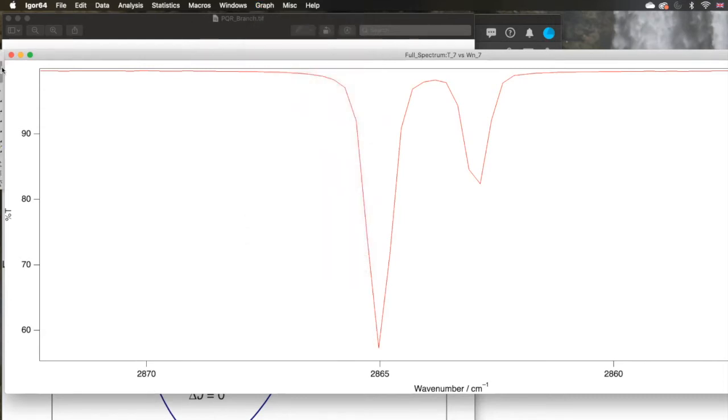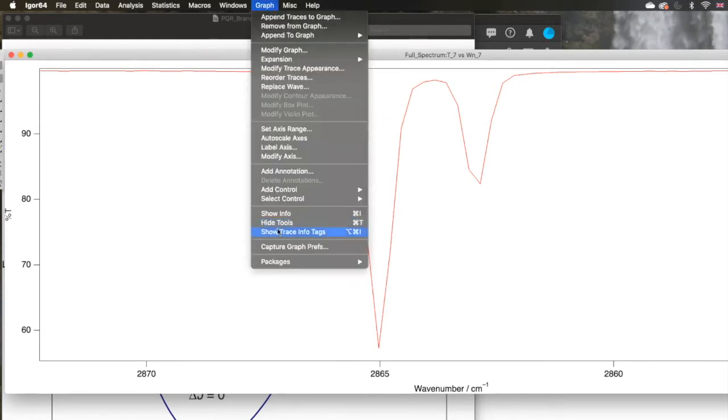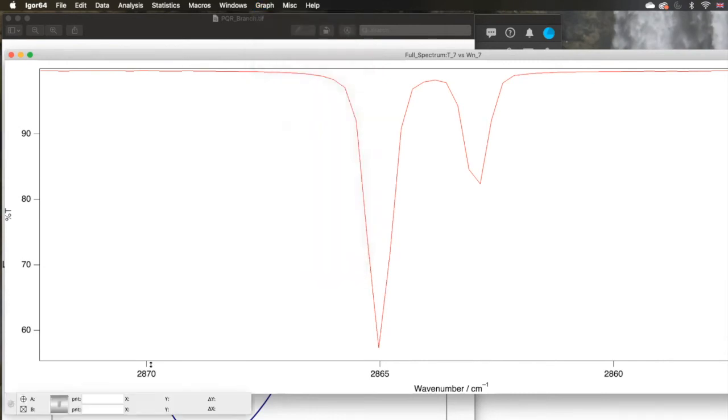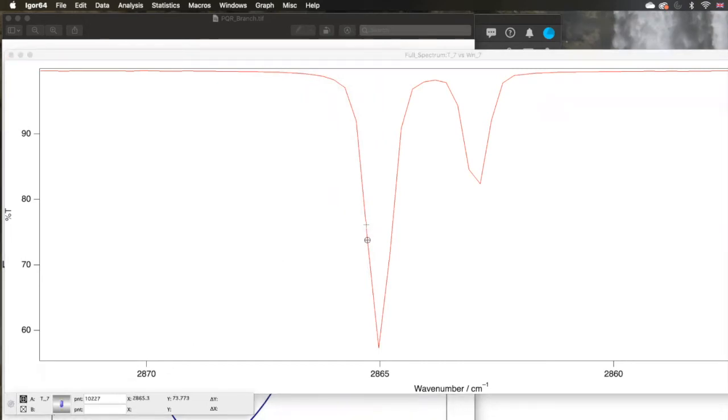Oops, not the tools. Tools are for graphing tools, right? We want info. We can grab a cursor, put it on here, and we can move it around with the arrow keys, find out where the peak is, read off the wave number of that peak, right?